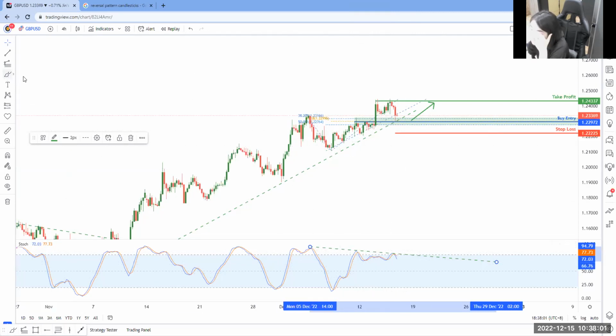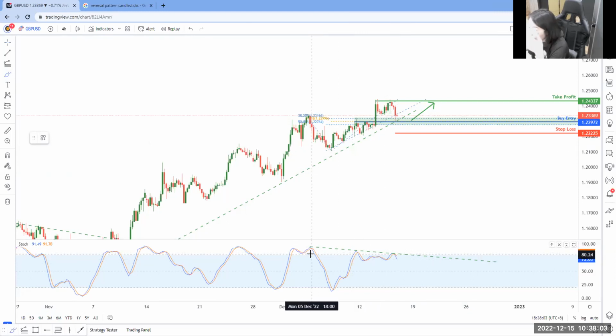Okay, it doesn't matter. Our whole job as a trader or analyst is not to get the perfect trade or the perfect analysis. Our job is to get an analysis and then decide whether we want to get in on that analysis or not. Yeah, definitely stochastics is showing a bearish divergence.